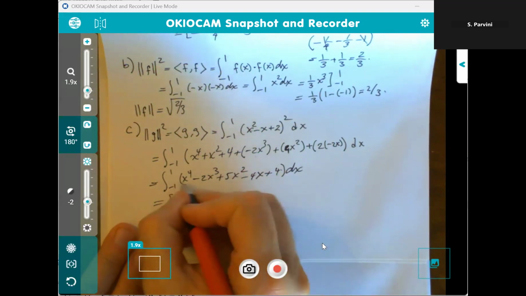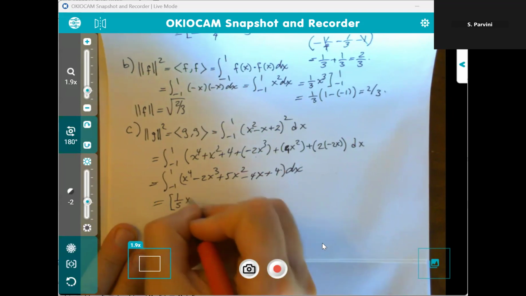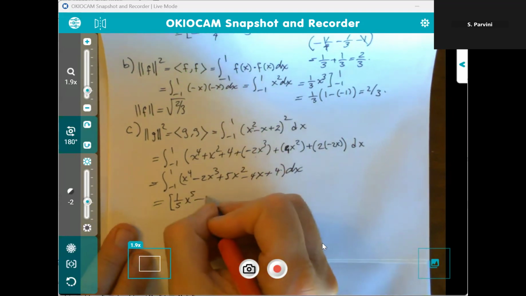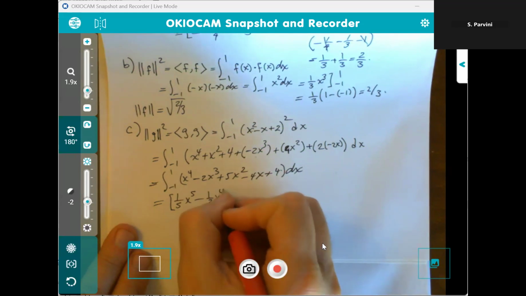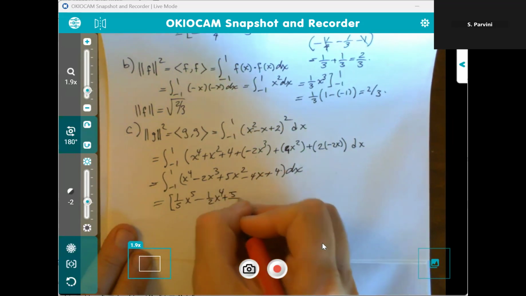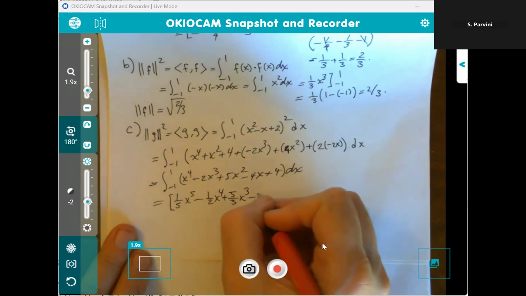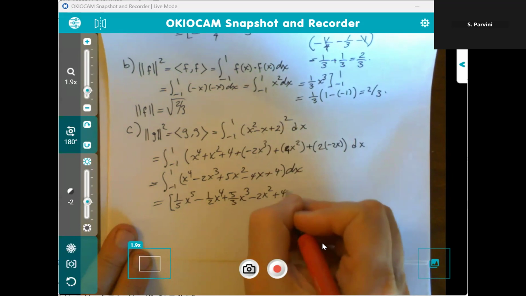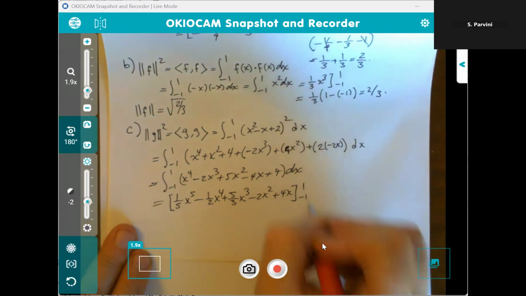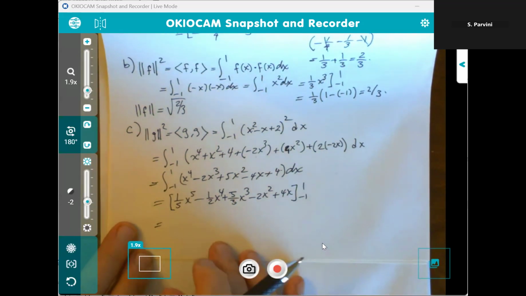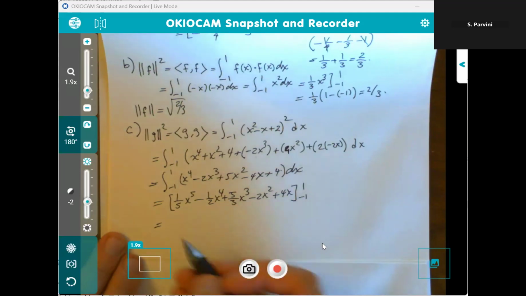It's going to be 1/5 x to the 5th power, negative 2x to the 4th over 4, so that's 1/2 x to the 4th, 5/3 x cubed, negative 4x squared over 2 is 2x squared, plus 4x, from -1 to 1. And then you go upper limit minus lower limit.